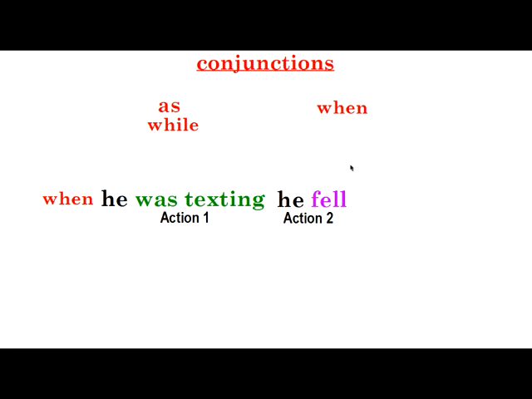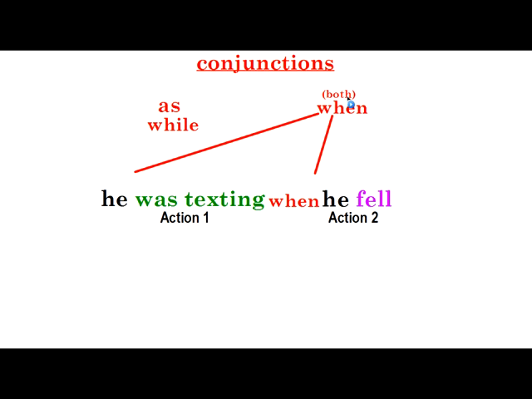But I can use when also for the second action. I can say he was texting when he fell. So remember, when I use when, I can use it in both places. I can use it with my first action, past continuous, when he was texting he fell, or I can use it with my second action, the simple past, and I can say he was texting when he fell.